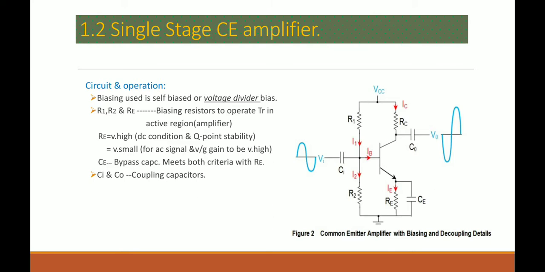Then the two capacitors Ci and C0 at the base and at the collector are used for coupling. At the base it is coupling the input signal, whereas at the collector it is coupling the output across RC.